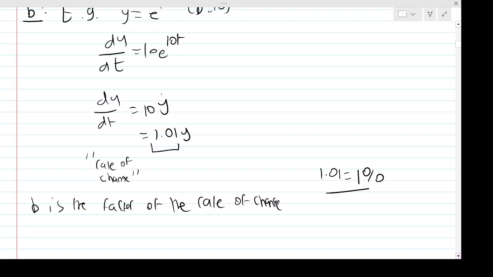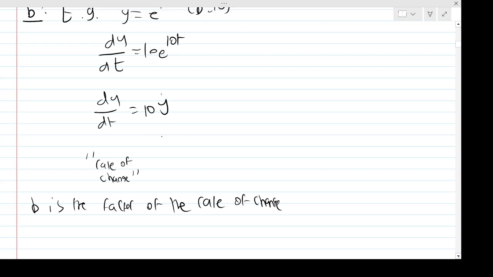So it's the factor for the growth, right? The factor of how much it's increasing by. So every year, if we multiplied by 1.01, it'd be increasing by 1%. So hopefully you just get the gist of that. It's basically telling me how much I'm increasing by. This b is basically the factor for how much I'm increasing by.